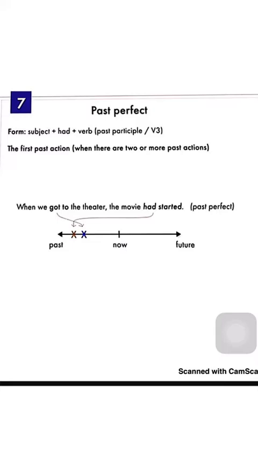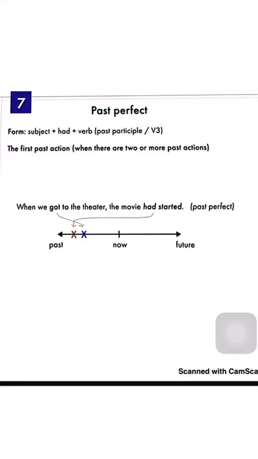In past perfect we have to use had plus verb third form. Again I am repeating, yesterday also I told you that whenever there is a perfect tense, past perfect, present perfect or future perfect, we always have to use the third form of the verb. For example, give, gave, given, start, started, started. So the third form of the verb we have to use every time in the perfect.